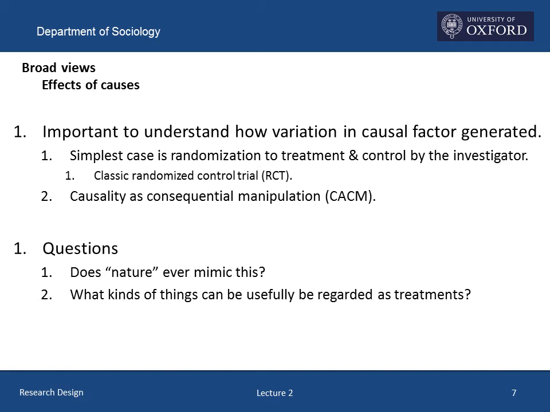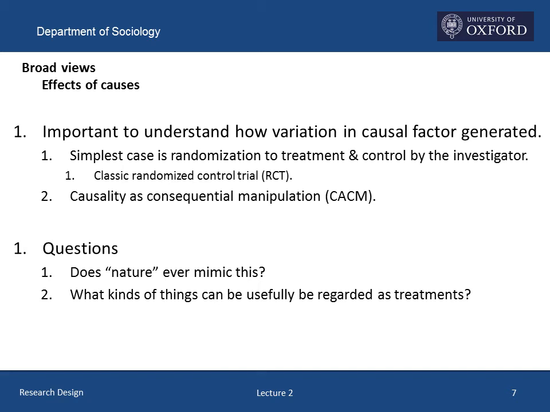We can think of an RCT as an intervention in nature arranged by an investigator which has a property, random assignment, which makes the interpretation of the outcome particularly straightforward. The investigator manipulates reality, stands back, and sees what the consequence of the intervention is.